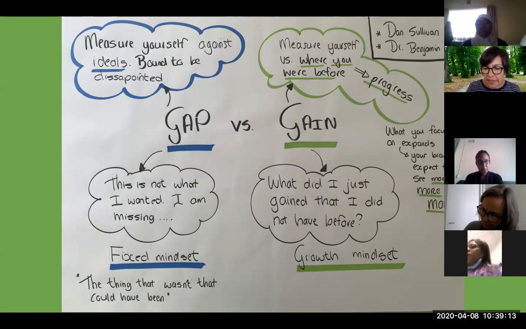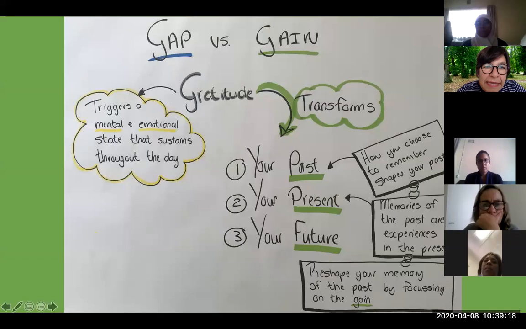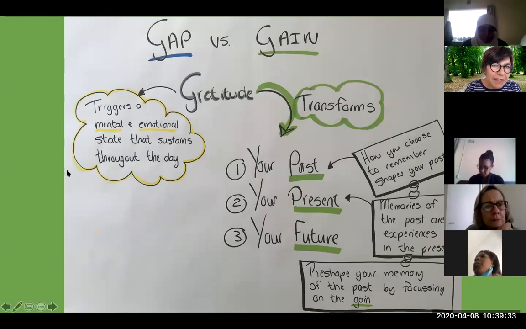So gap versus gain. If I go to the next slide there, what Dr. Benjamin then talks about is how you can use gratitude to transform and shift from the gap to the gain kind of mindset. And the first thing that he mentions is that gratitude is this amazing thing that triggers a mental and an emotional state that can actually sustain throughout the entire day.